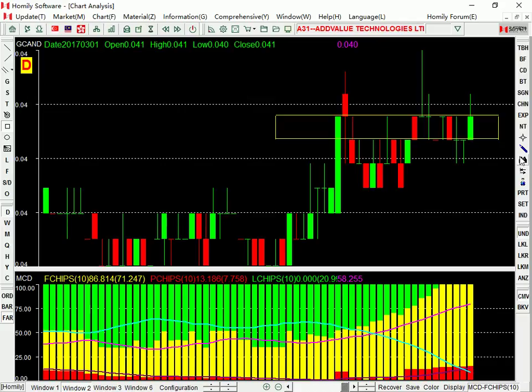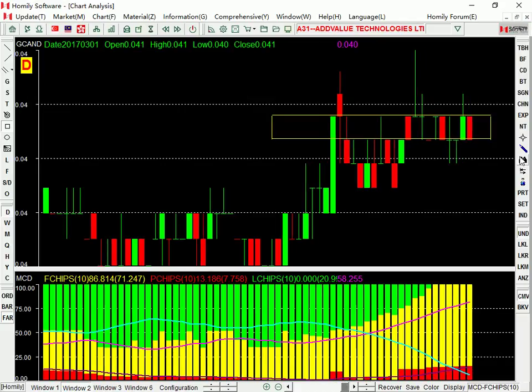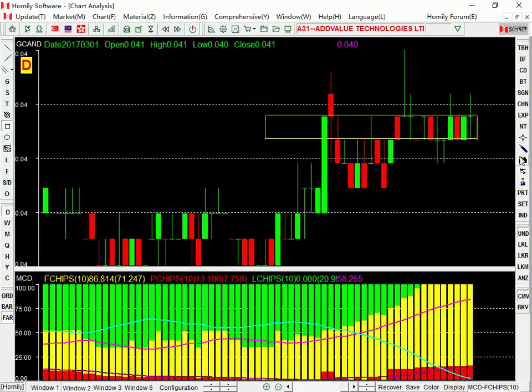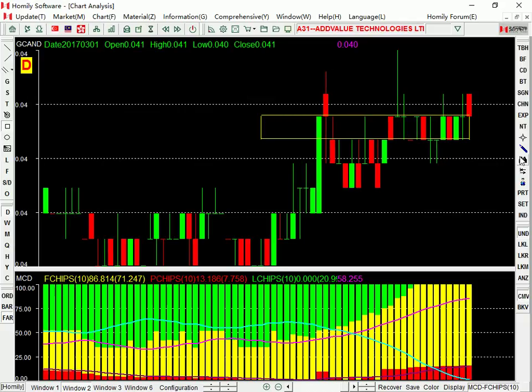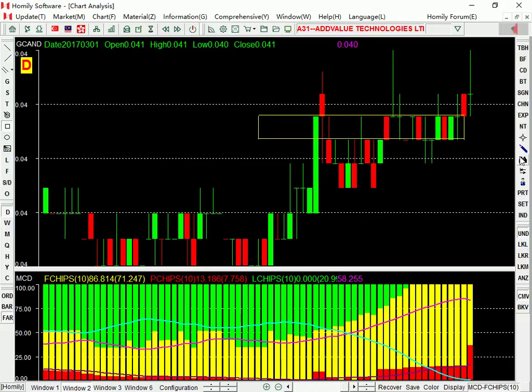We need to check whether can break out or not. So we wait. Buy or not? Still cannot because we just focus on the closing price, not the high price. For the closing price, up already or not? Closing price. No. Still around here.